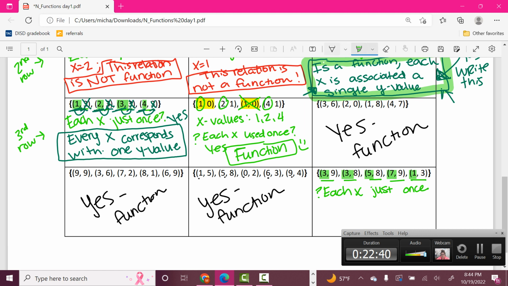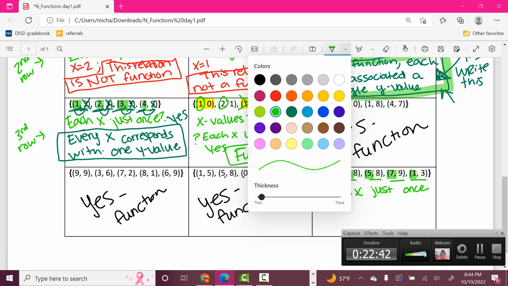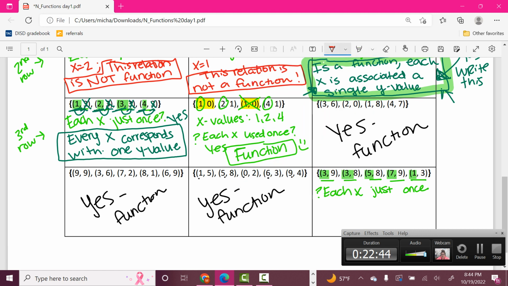Okay, so we can see that the answer to that, does each x happen just once, is no. Because x equals 3 is associated or belongs or matches or corresponds with 9 and with 8. So with 2 y values. And it's only allowed to associate or belong with 1 y value.